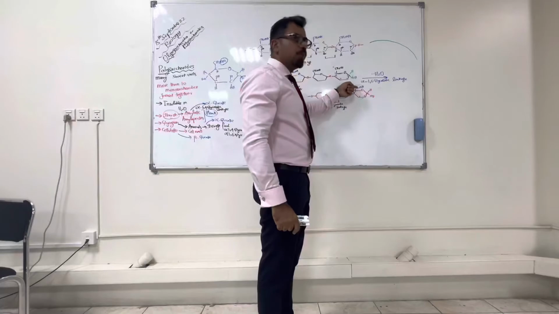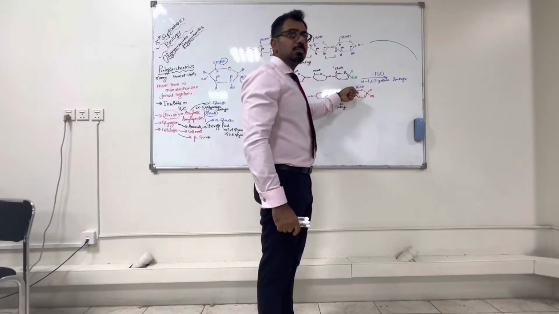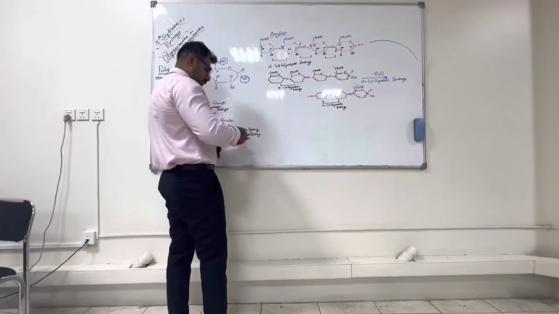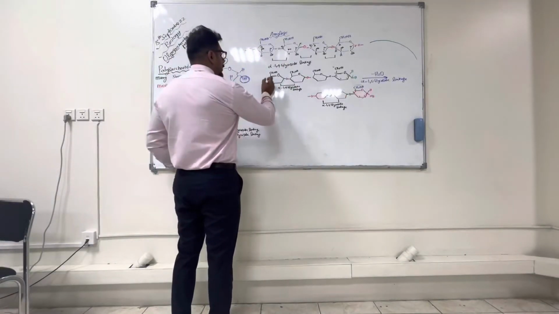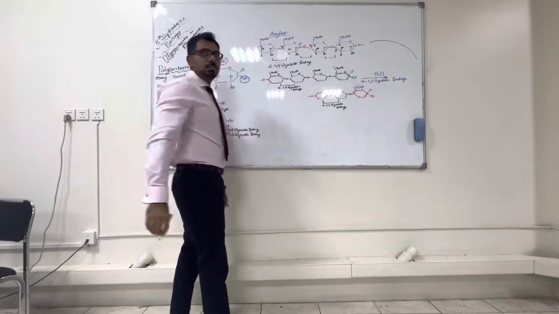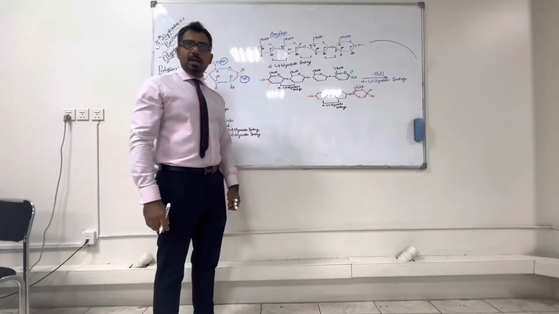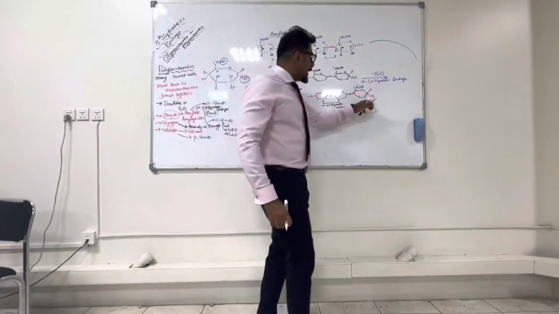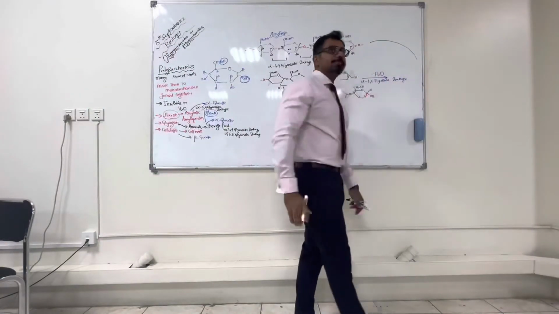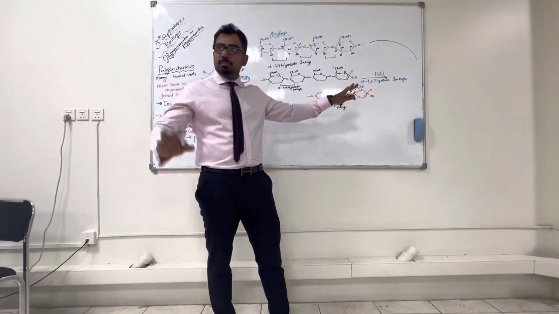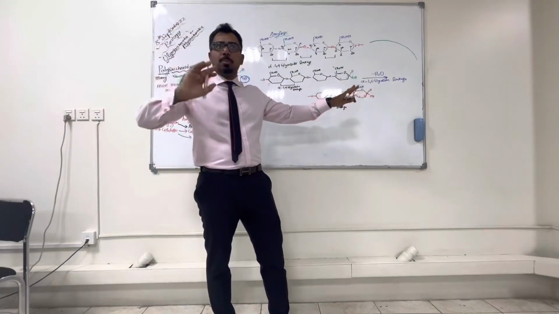Because here it is going to make a bond over here. This chain is extending in this direction. This chain can also extend in this direction. We'll talk about it, but please pay attention till here. Don't get too confused about it.